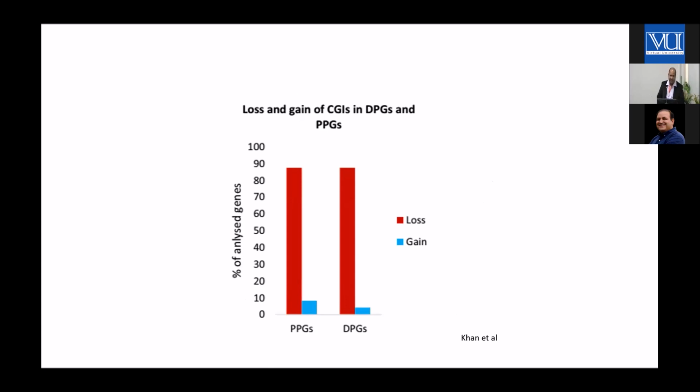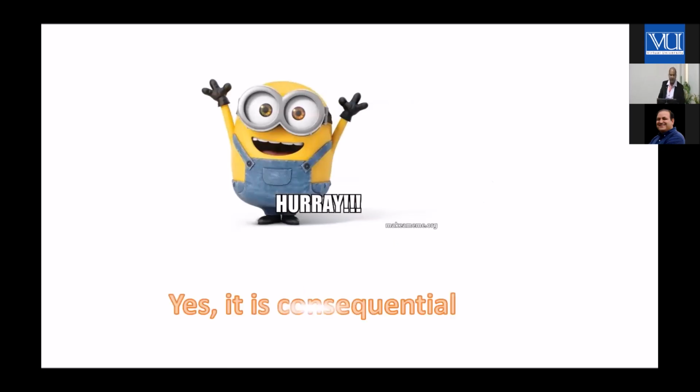Then loss and gain. Of course, we wanted to see numerically how many genes were lost, and we could see that in PPGs and DPGs, as compared to the parent types, lots of genes were lost. So our hypothesis, to some extent, we can say yes, this is most probably the case. It is a consequential event.